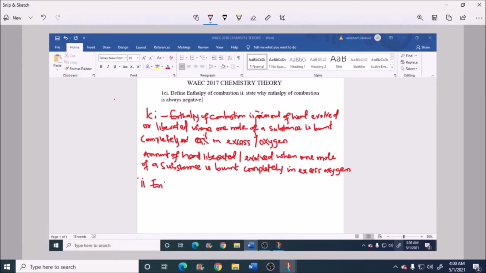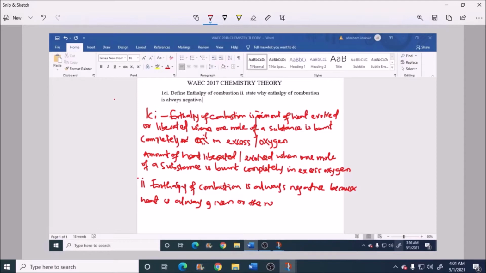Enthalpy of combustion is always negative because heat is always given out, or the reaction is exothermic.